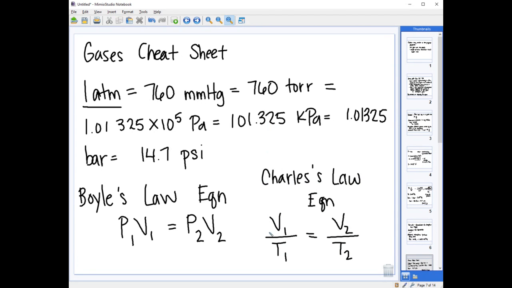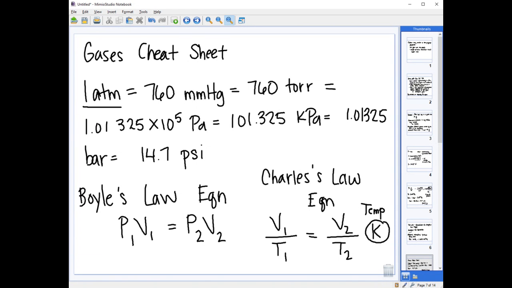Okay, and again, the thing to remember is that my temperature here has to be in units of Kelvin. Still doesn't really matter what my volume is as long as my volume's the same, but my temperature has to be in Kelvin. So as volume goes up, temperature goes up.